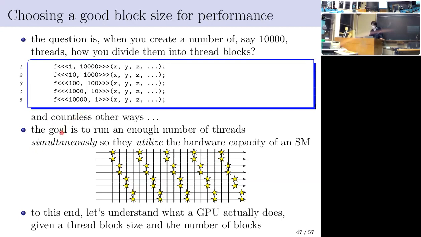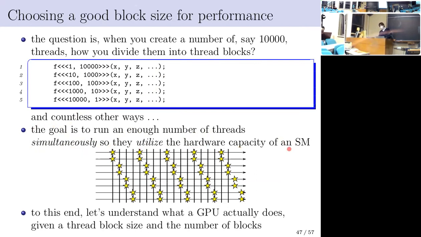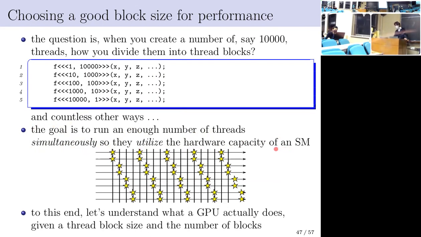The previous experiment I have just shown suggests that the goal is to run an enough number of threads simultaneously so that they utilize the hardware capacity of a single streaming multiprocessor. Okay.